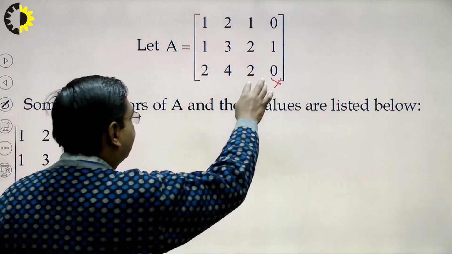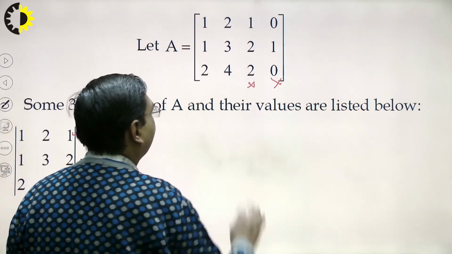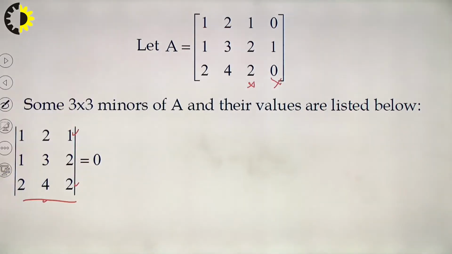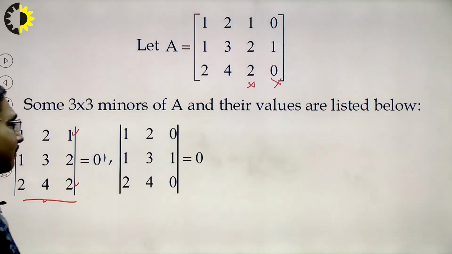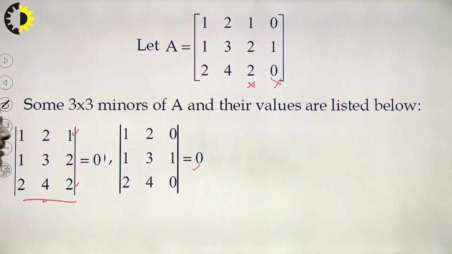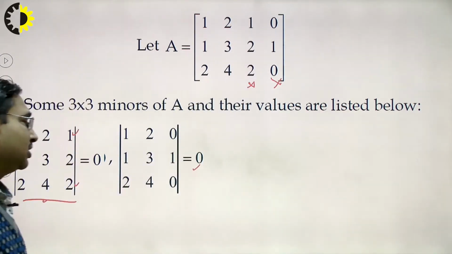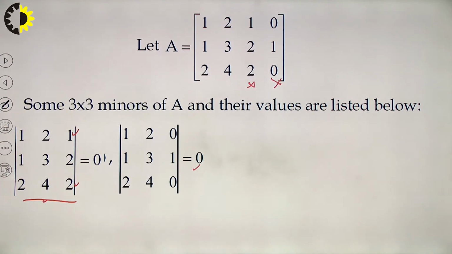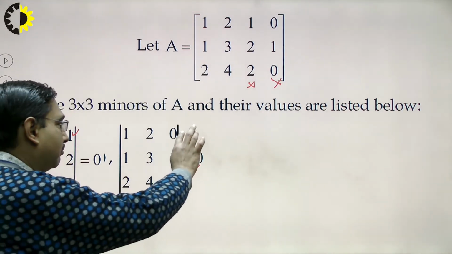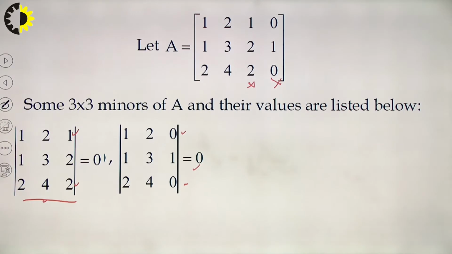Now I consider the minor obtained by removing the second column and retaining the remaining columns. In this manner, I obtain this minor: 1 1 2, 2 3 4 and 0 1 0. The value of this minor is again 0 because the first row and last row are constant multiples of each other.